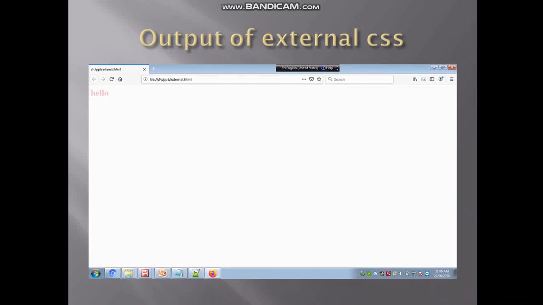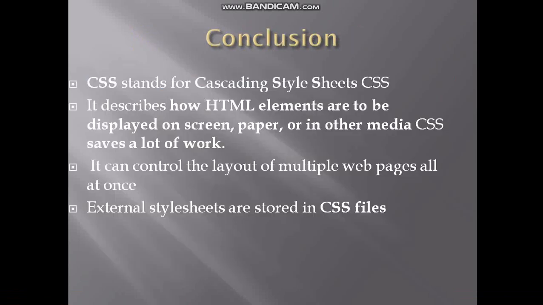So see, the output of inline, internal and external is same, but the way how it is called is different. So now I will conclude that CSS is a cascading style sheet. It is used for changing the look and feel of a web pages.